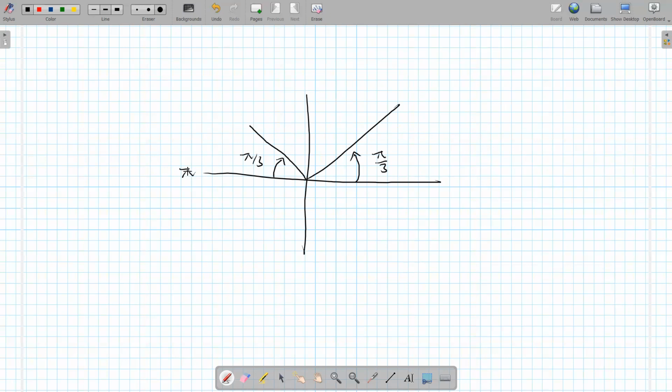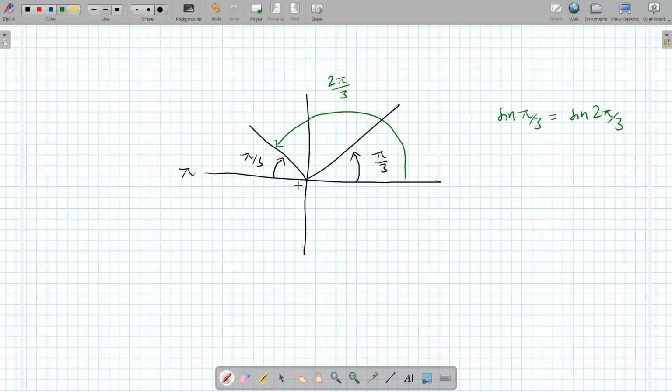It needs to add up to 1. Right now you have 1/3. So how big is this? It'll be 2/3, or 2 pi over 3, because it needs to add up to 3 pi over 3, or 1. So sine of pi over 3 is equivalent to sine of 2 pi over 3.